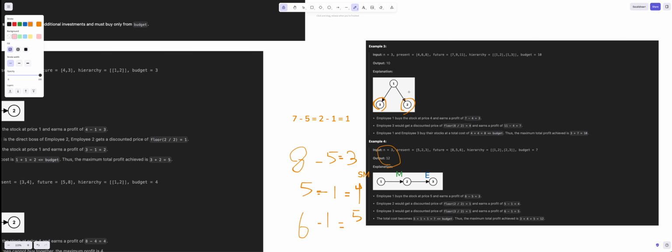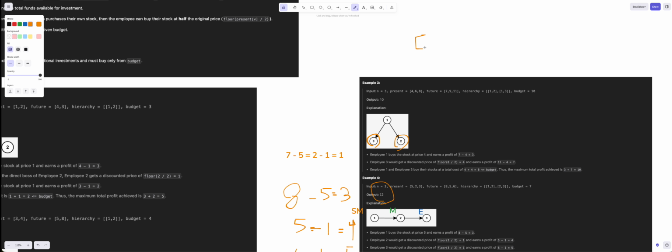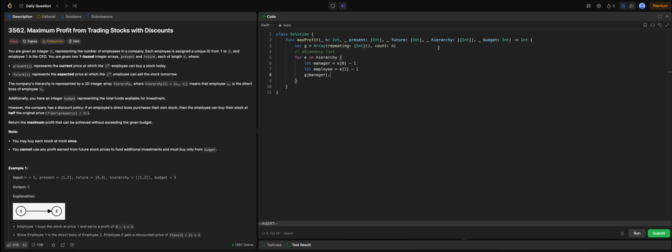I'm creating the nested array like this, since we have two sub arrays in here. And then how I'm going to access it is, if index is 0, because we just detect the 1 from here, we have 2 employees, 2 and 3, in this array. So that is what I'm doing here. Alright, manager, and we are going to append the employee.